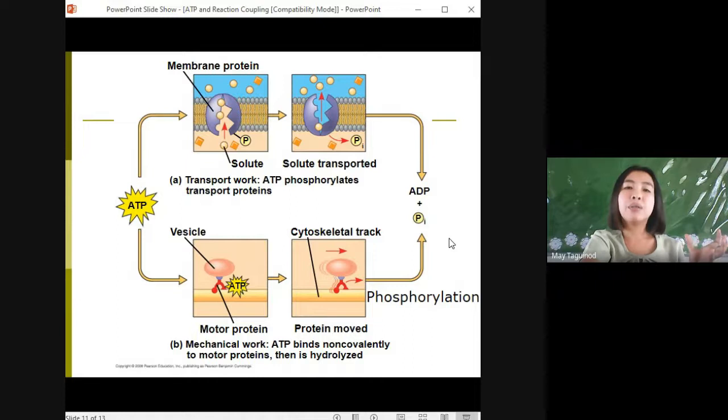The process of phosphorylation converts a relatively low-energy compound, ADP, into a higher-energy compound, ATP. ADP, or adenosine diphosphate, contains an adenosine group, a ribose sugar group, and two phosphate groups.